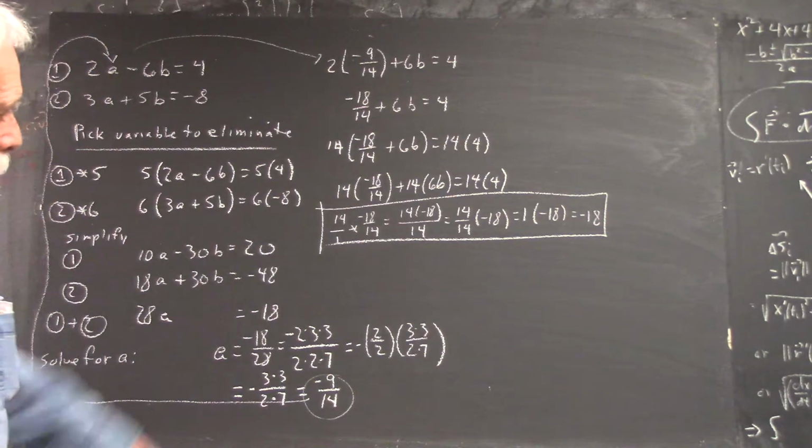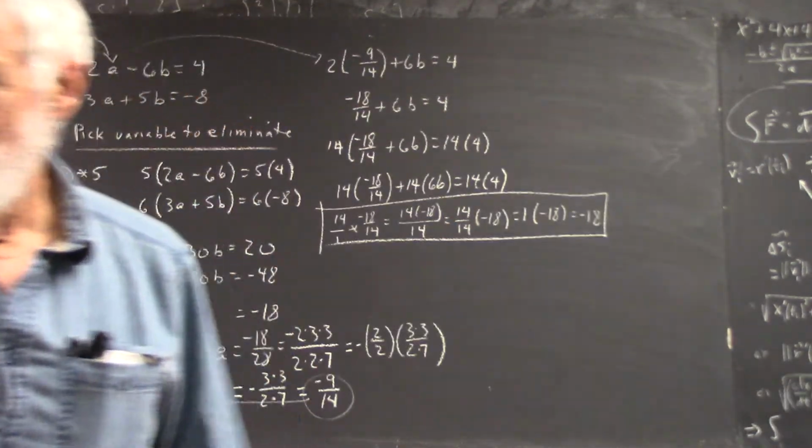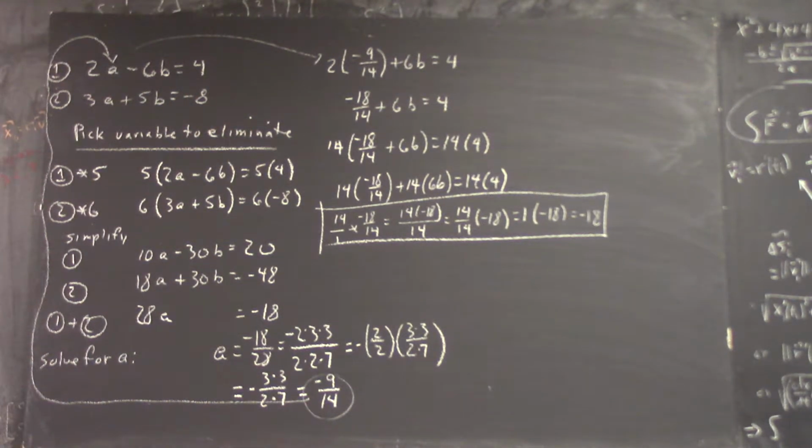It's not part of your solution, but that's how you multiply 14 by negative 18 over 14. That's how you multiply any two fractions. Okay?